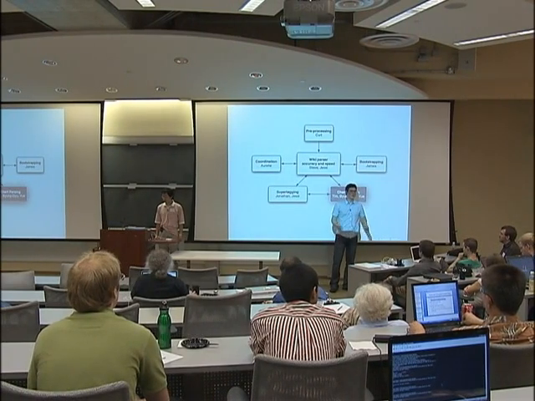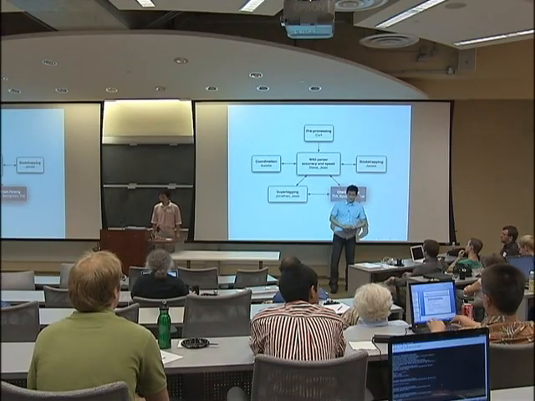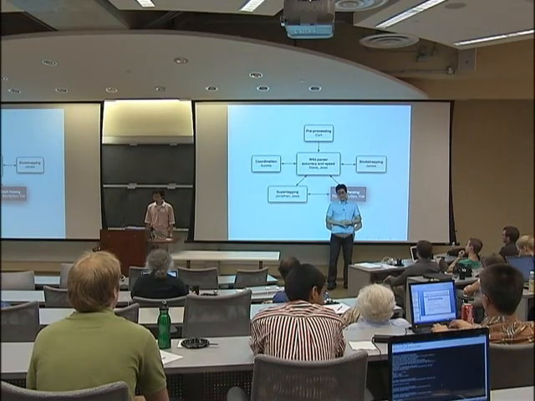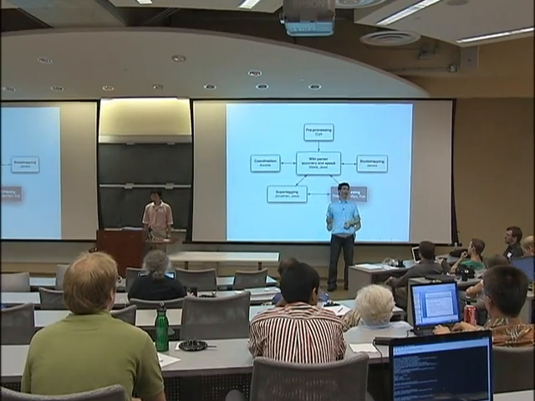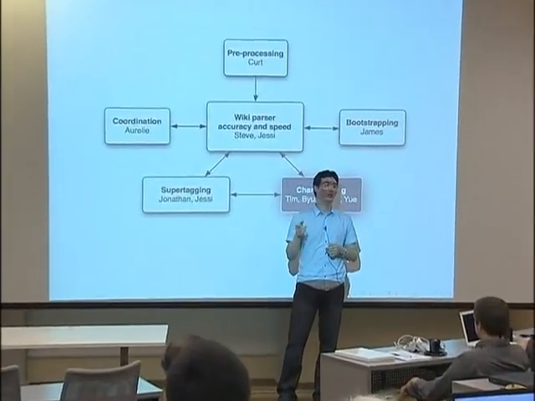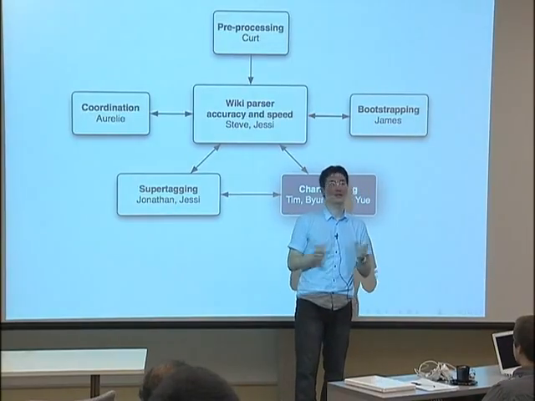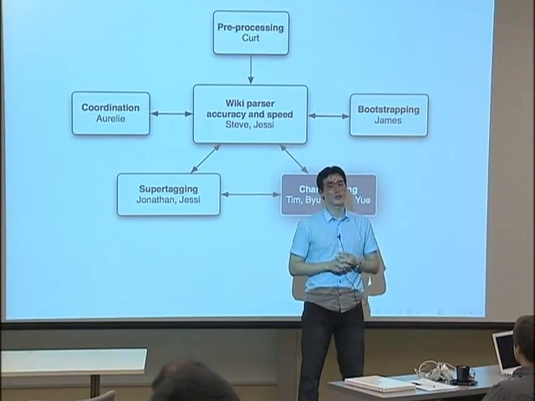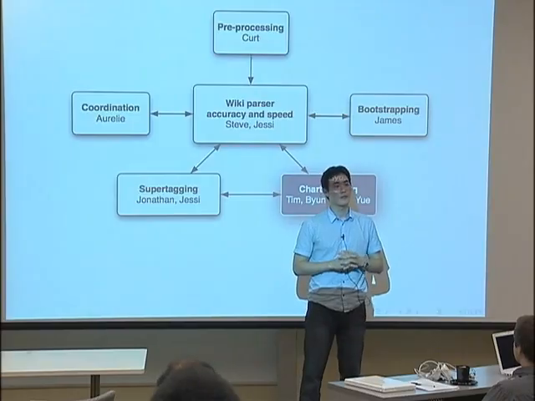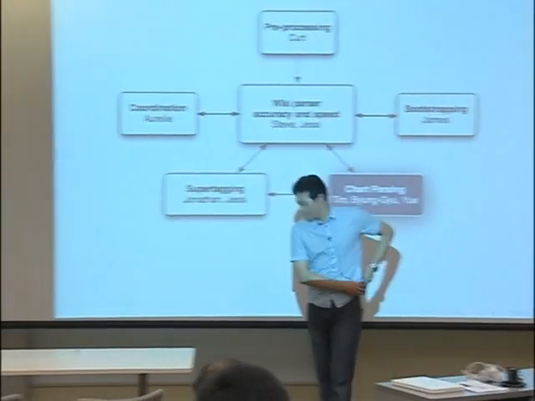I'm not sure about the others. Yes, we can estimate the outside scores for various constituents and take that into consideration to eliminate some constituents. It's okay? Thanks.